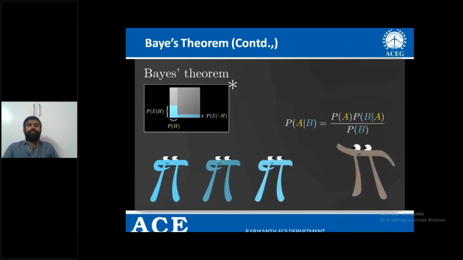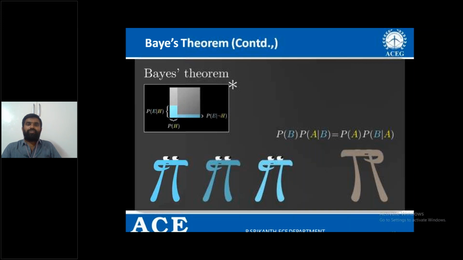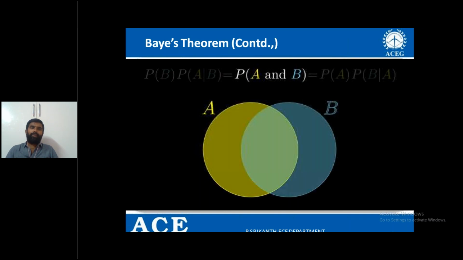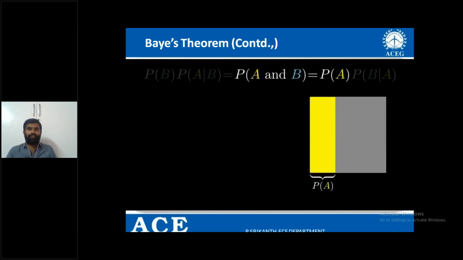A simple example in the animation way. So here we know that P of B into P of A given B can be taken as P of A and B, which can also be represented as P of A into P of B given A. So if I take A and B as two events, it is P of A, and similarly here I can take P of B when given A part, right?